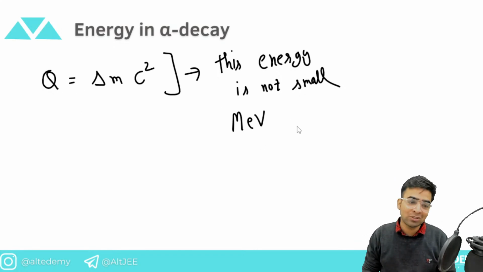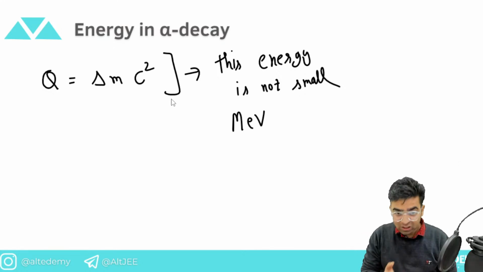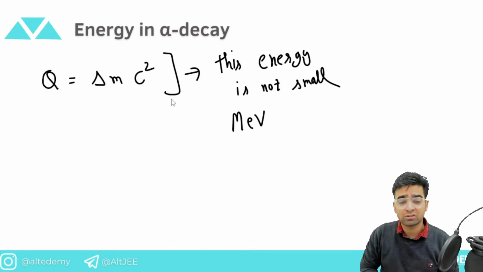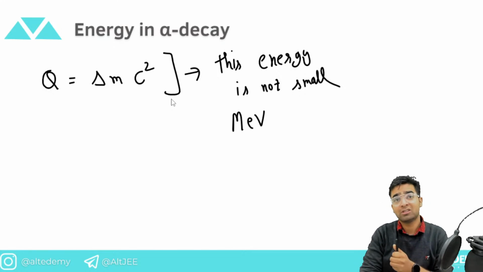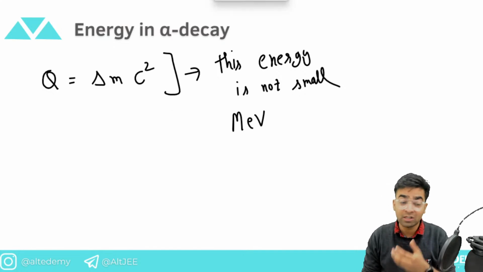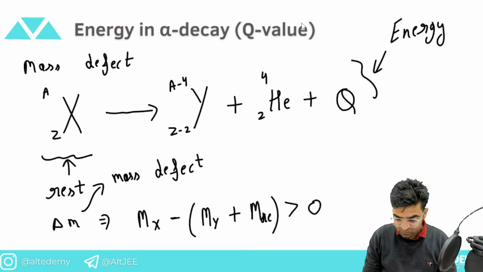It is delta m c square. That is how in one nucleus there can be two protons. Between protons there is very high Coulombic repulsion, yet the nucleus can hold. From here you can understand what delta m is.